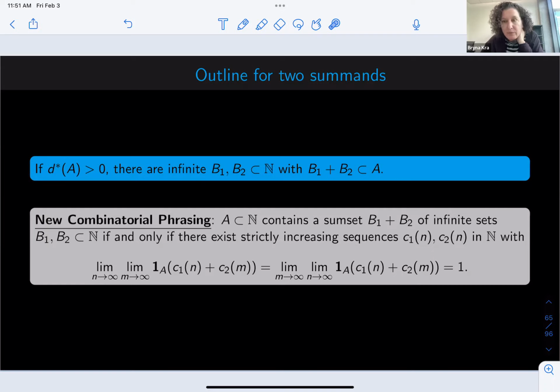And so first, I'm going to give you a rephrasing of the correspondence principle, starting with a purely combinatorial question rather than a dynamical one.